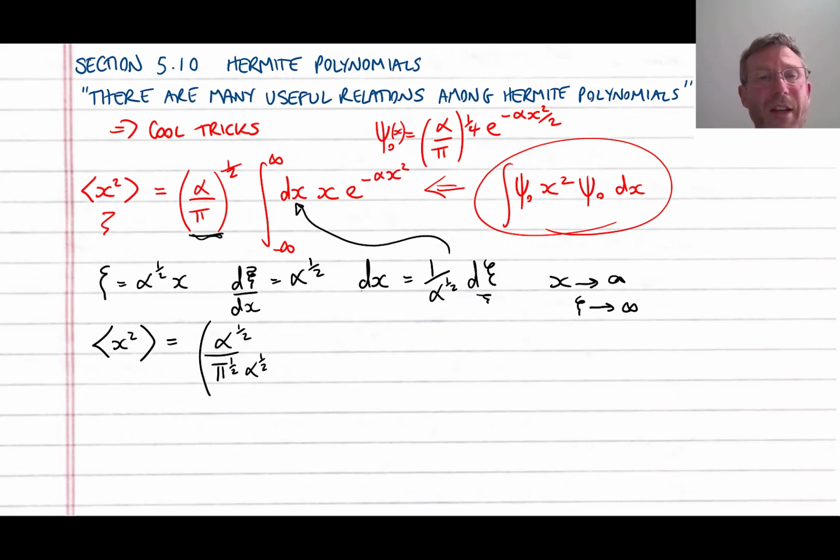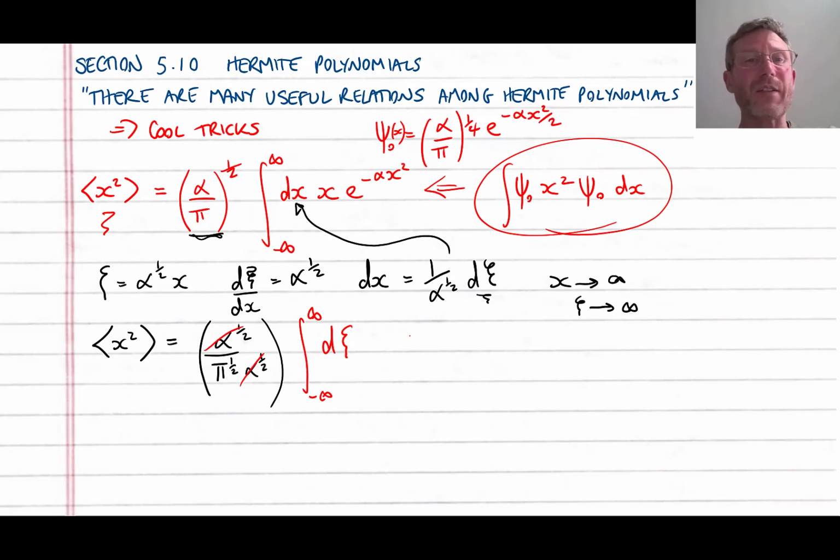Of course, what we'll find out later is that those terms will cancel each other. The limits are xi equals infinity and xi equals minus infinity. We've replaced the dx now with the d xi.